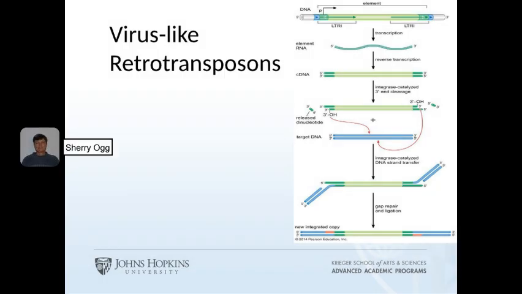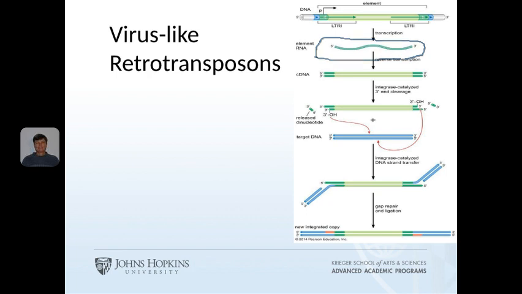The insertion of retrotransposons is very similar to DNA transposons, except that they use an RNA intermediate. The virus-like retrotransposon DNA element is first transcribed into RNA by a cellular RNA polymerase. So this is where you have your RNA element after transcription.